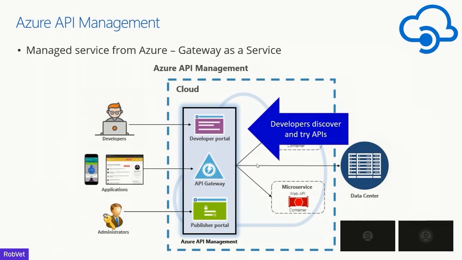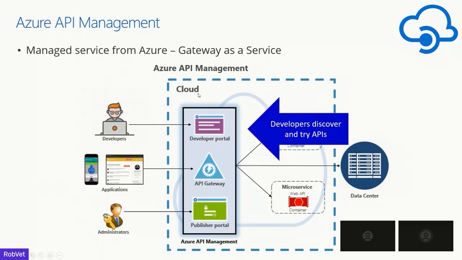You can get an idea of the status codes that'll come back. Very similar to what you might see in Swashbuckle or Swagger. You can try it out, and you can also have the developer portal generate stub code. So you might say, I need to use this service in my Java application, or I need to use this service in my .NET application. You can have the developer portal generate stub code for you as well. So again, a very rich developer experience in the API gateway from Azure.